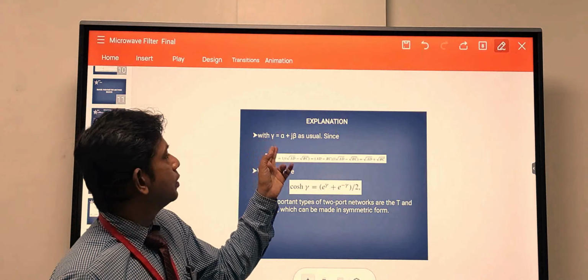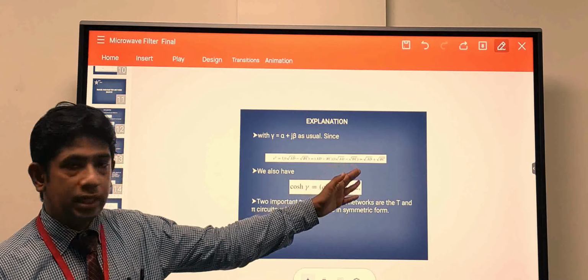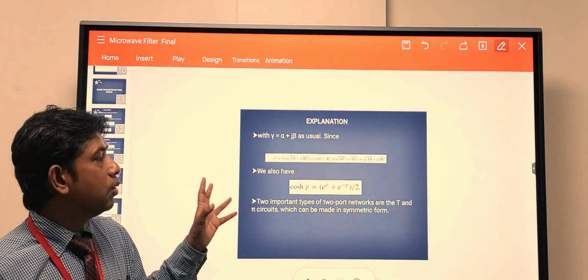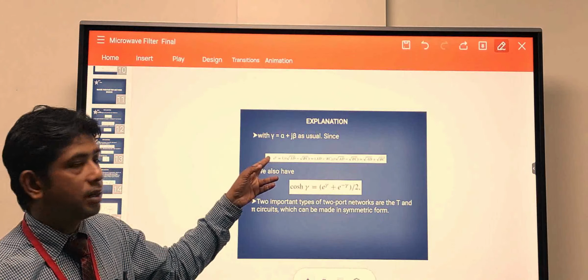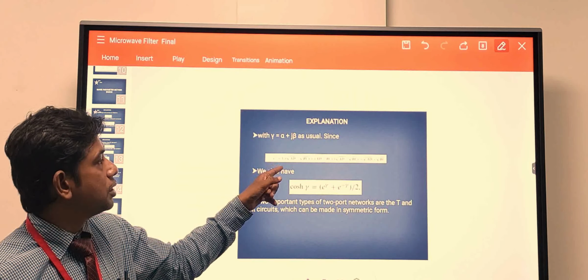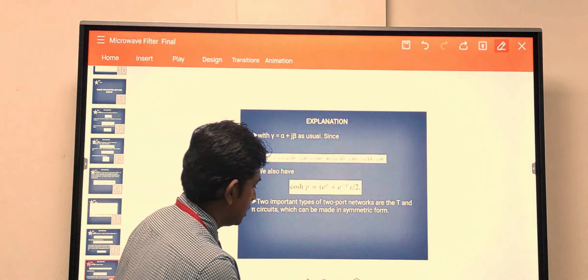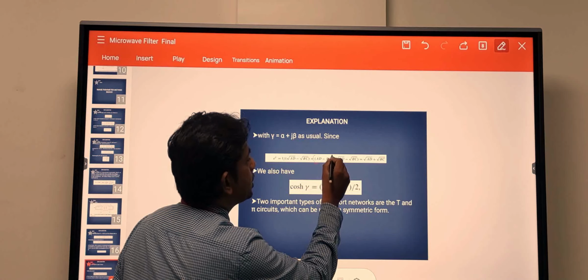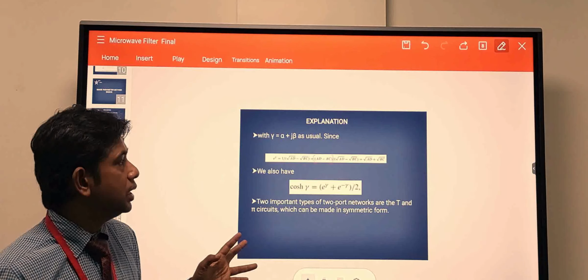Finally, with gamma equal to alpha plus j beta as usual, we can modify this equation. And why is it necessary? Because we need it in the symmetrical form. So e to the power beta is equal to 1 upon e to the power gamma, which is 1 upon under root of AD minus under root of BC, and can be equated as AD minus BC whole divided by under root of AD minus under root of BC.